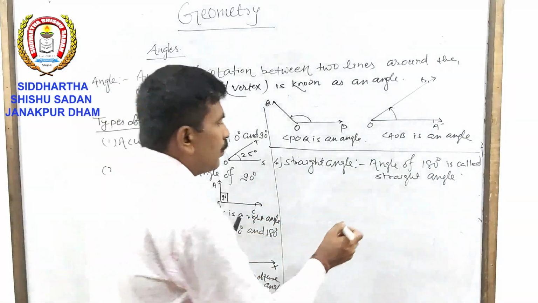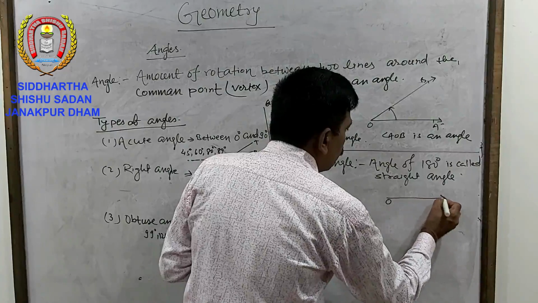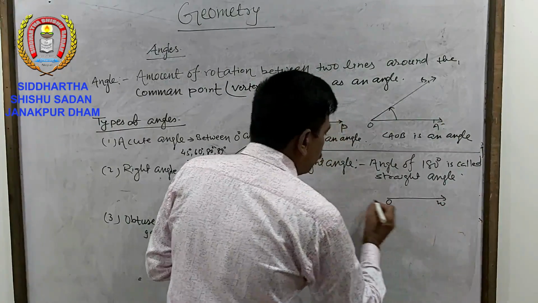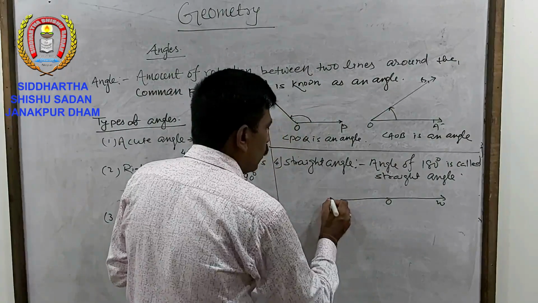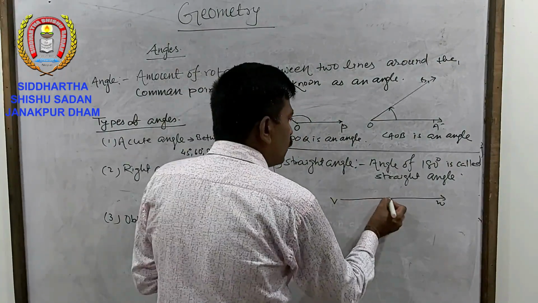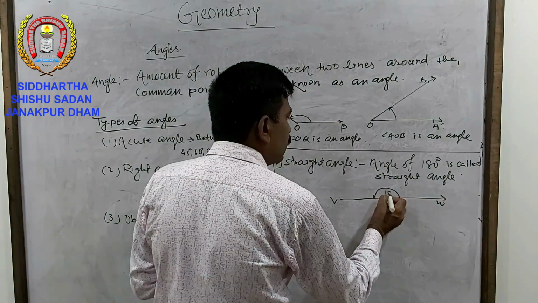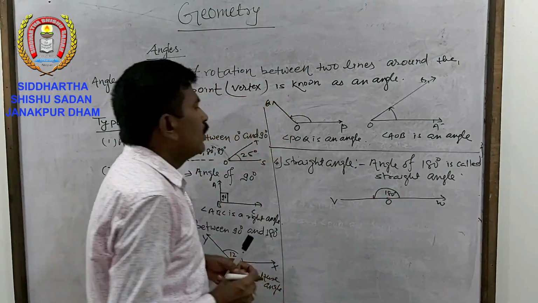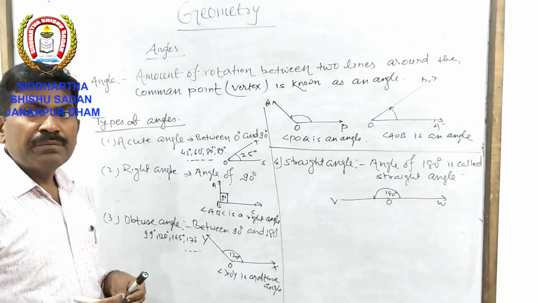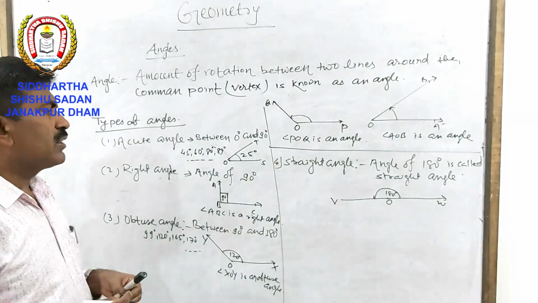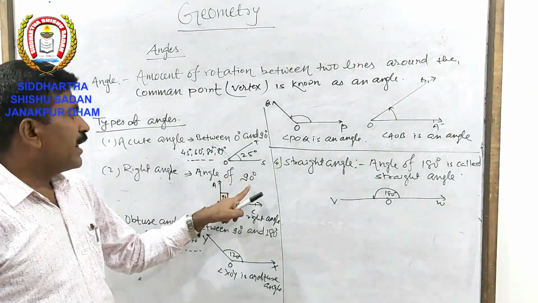Suppose here is O W and another line is here O B. So now this much angle is equal to 180 degree. So a straight angle means an angle of 180 degree. A right angle means an angle of 90 degree.